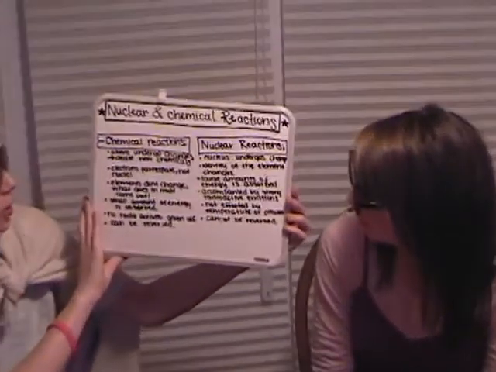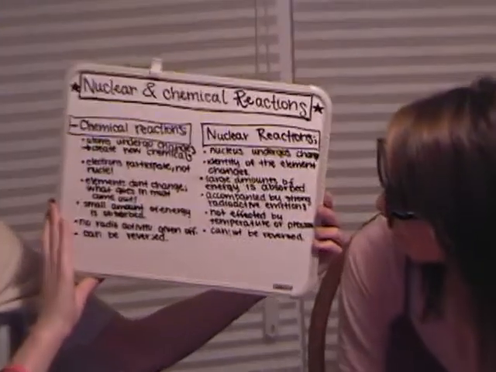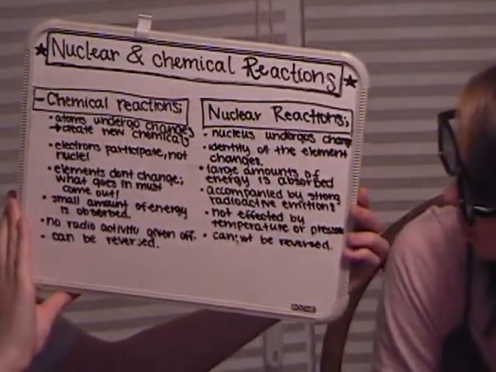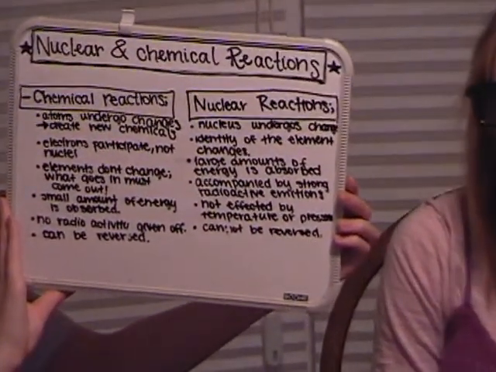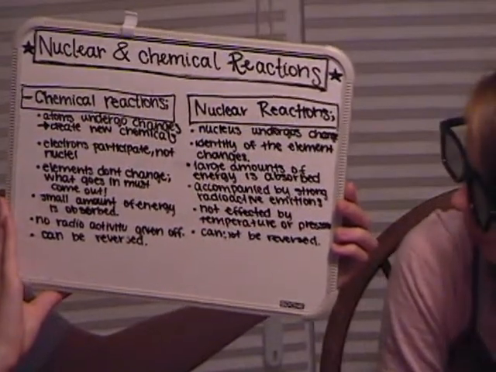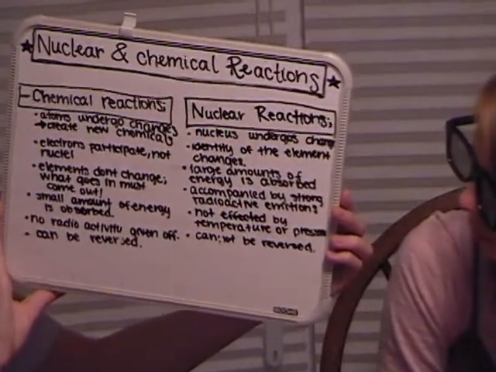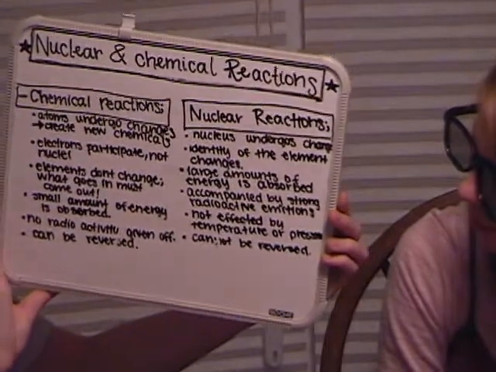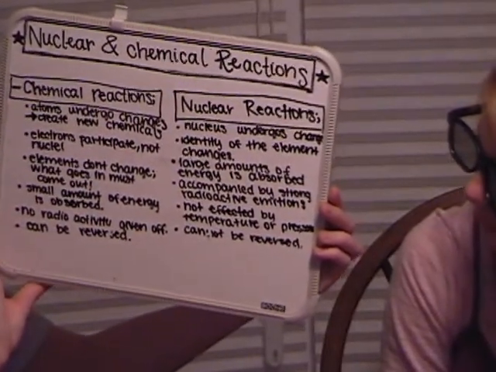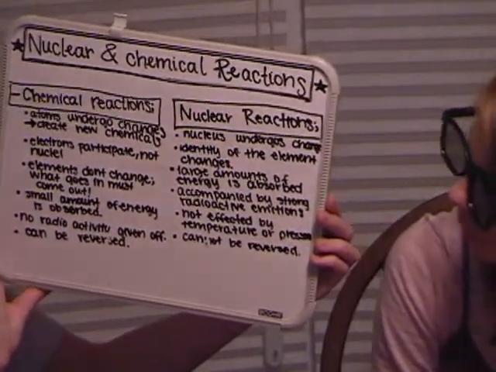Ooh, a diagram. You see, in chemical reactions, atoms undergo changes and create new chemicals. The electrons participate, not the nuclei, and the elements don't change. What goes in must come out. Also, small amounts of energy are absorbed, no radioactivity can be given off, and it can be reversed.